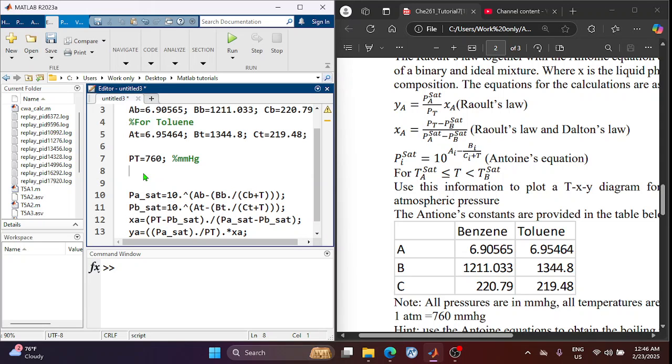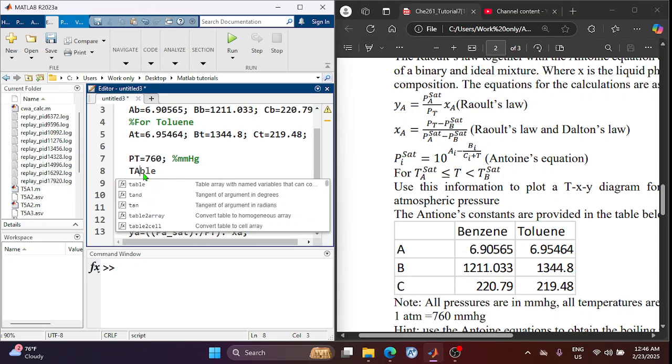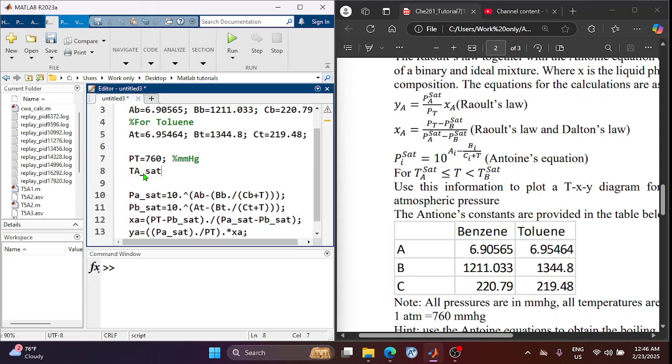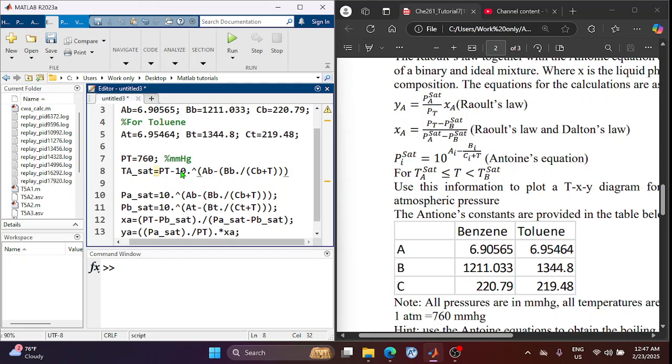Let me say TA sat is equal to PT minus this expression. I'm going to replace this with PT, and I'll send all of this over to the other side, so it becomes minus all of that, because I have an expression like that here. Let me just copy it. So minus 10 to the power all of that. Let me put that one here. This is going to be for benzene. This is what I'm going to get.